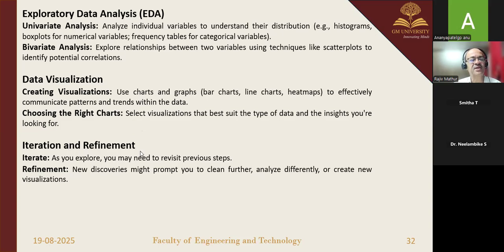Iteration and refinement. As you explore, you may need to revisit previous steps. So sometimes you may have to go through some iterations and do some refinements again and again over the same set of data. New discoveries might prompt you to clean further, analyze differently, or create new visualizations.